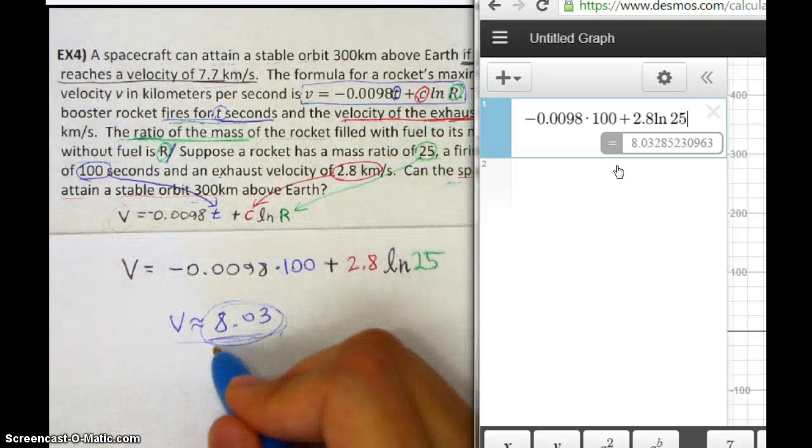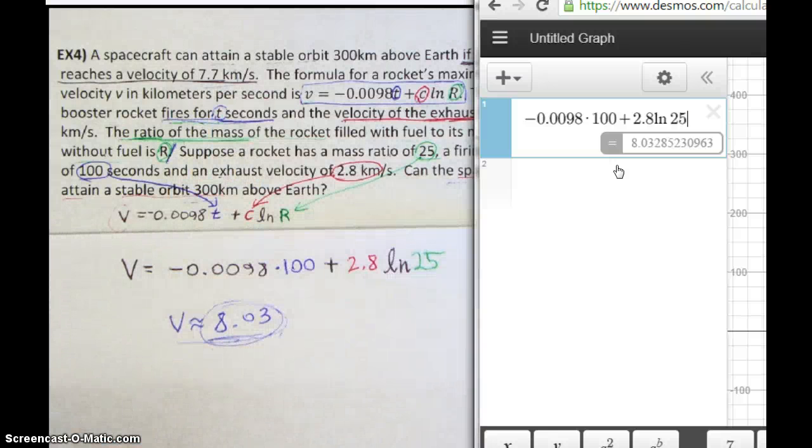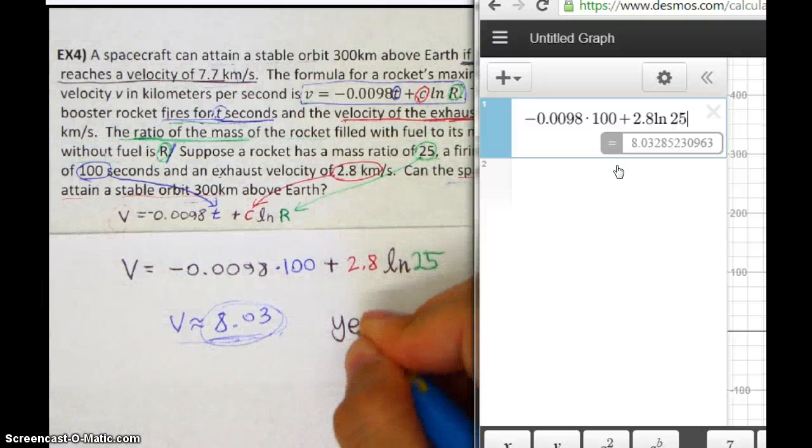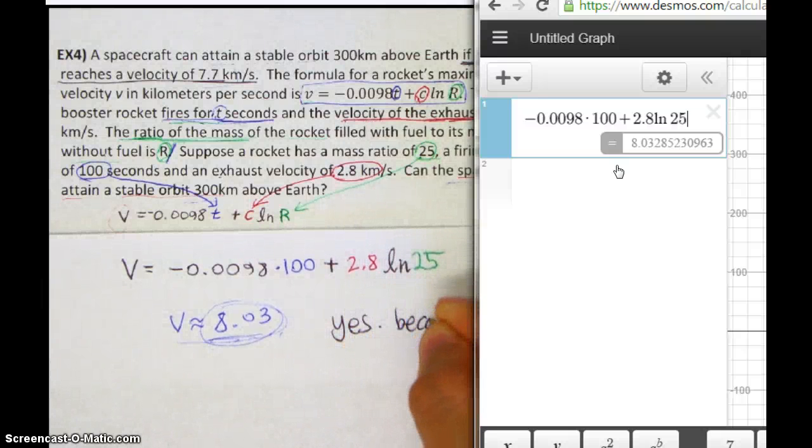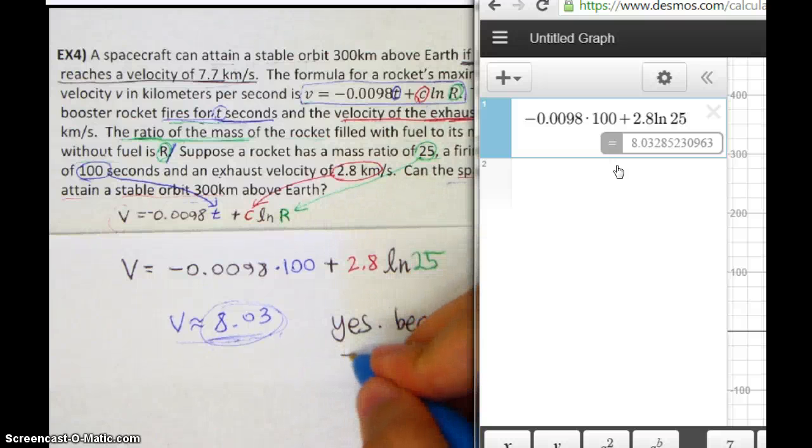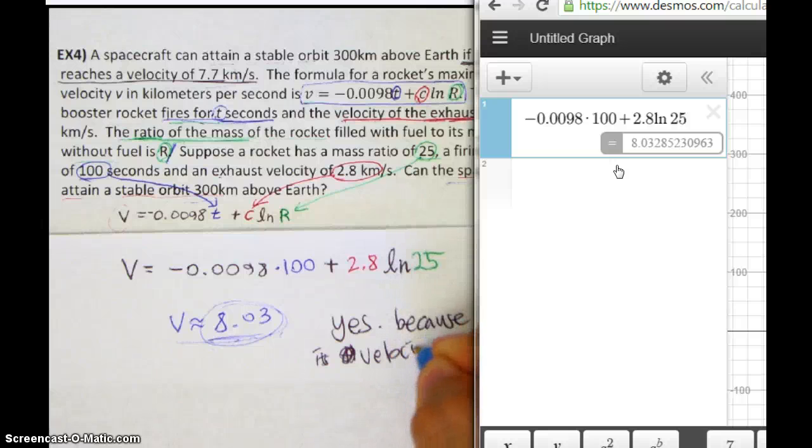So since that's above 7.7 kilometers per second, the answer is yes, it can, because its velocity is higher than 7.7 kilometers per second.